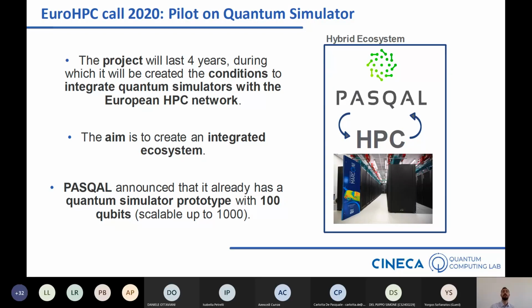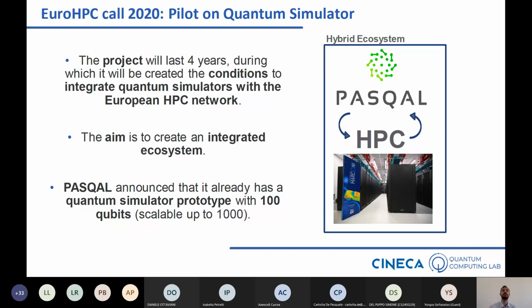The aim is to create the conditions to integrate quantum simulators. I'm going to call the quantum device of Pascal a simulator, since it is an analog quantum computer. So the aim is to create this integrated ecosystem and integrate the Pascal device with HPC systems that are spread around Europe.